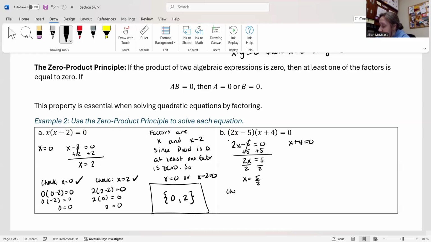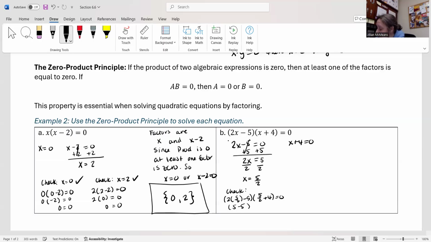Well, we can check that. We can check to make sure it works. I would take 2 times 5 over 2 minus 5 times 5 over 2 plus 4. And I want to make sure that really does equal 0. Well, we're kind of running out of room here, but I promise you 2 times 5 over 2 is just 5.